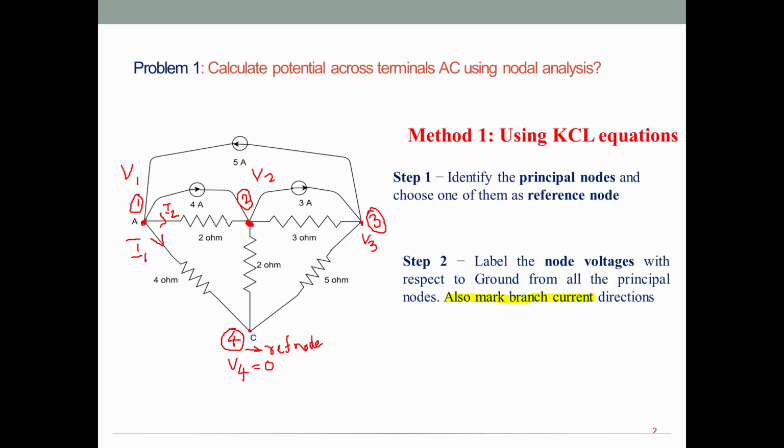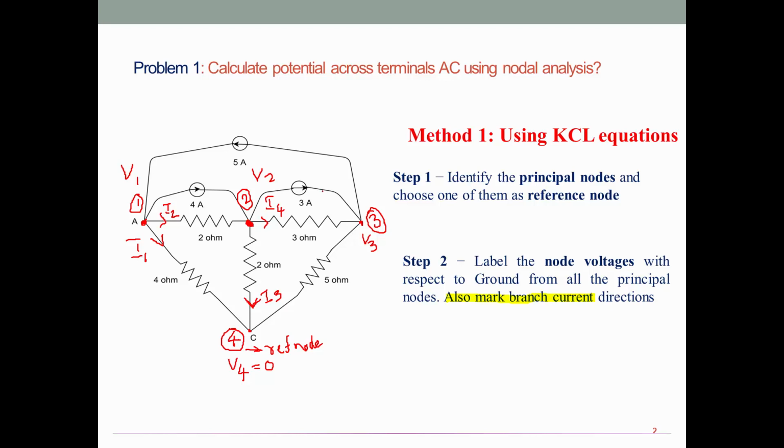Then coming to node number 2, the 4 amps branch and 2 ohm branch already have branch current directions defined. For the rest of the branches we have to provide the direction of current. For 2 ohm, let me take I3 in the downward direction. For 3 ohm, right hand side direction, I4. I do not want to bother about 3 amps since the direction is already given.